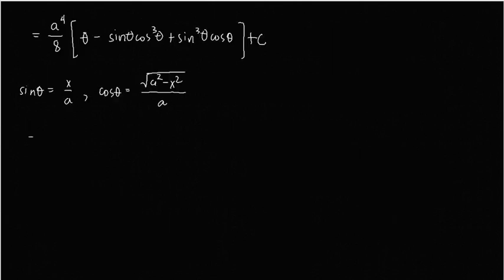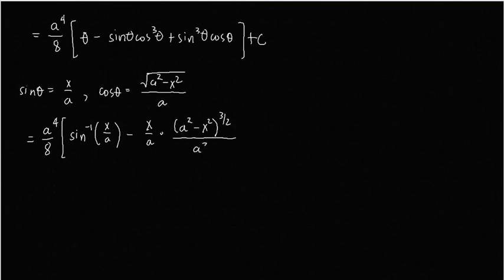So we substitute it here, so a raised to 4 over 8 times theta, which is the arcsine of x over a, minus, this is sine of theta, so that is x over a, and then cosine cubed of theta is this one cubed, so I will write it as a squared minus x squared raised to 3 halves divided by a cubed, plus we have sine cubed of theta, we have x cubed over a cubed there, times cosine of theta, which is the square root of a squared minus x squared.